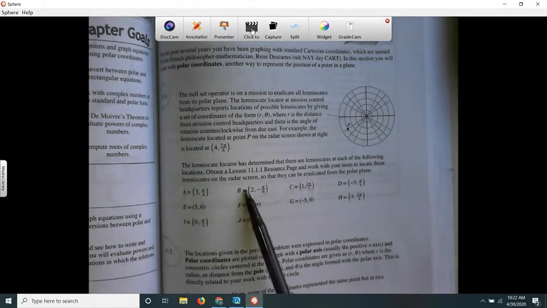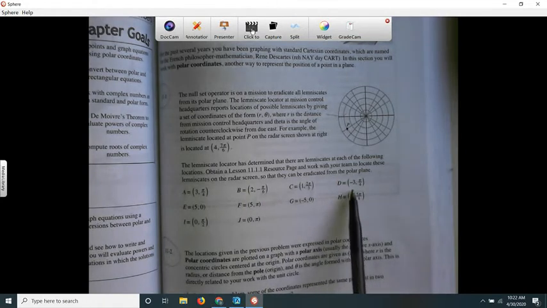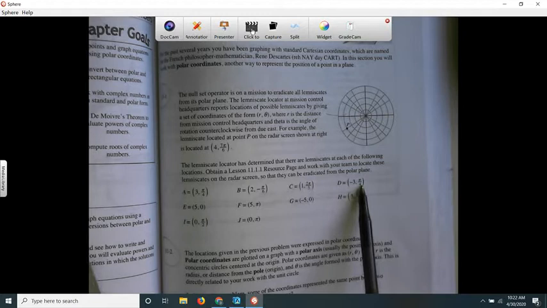And then let's look at what happens on letter D. On letter D, we have pi over 4 as our angle, but then they have negative 3 as our radius, or if it was a triangle, the hypotenuse. So let's see how we can do that. Pi over 4 is our angle.